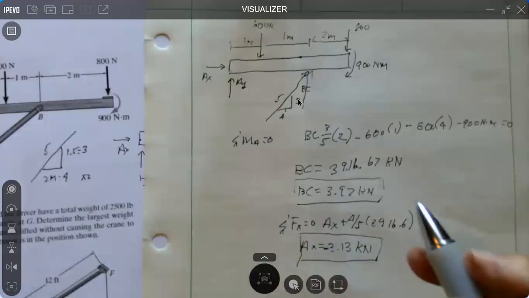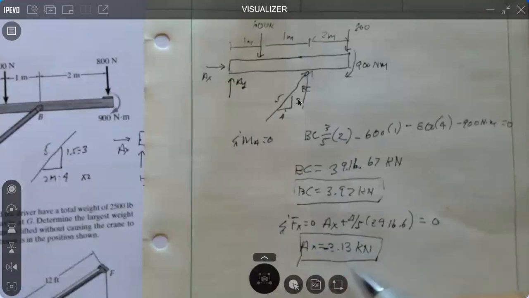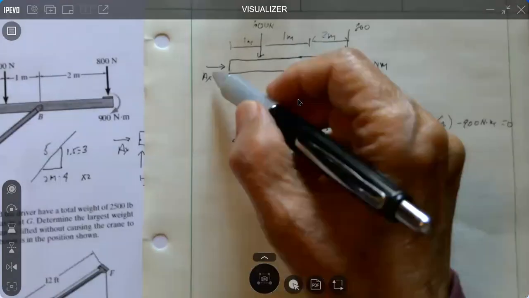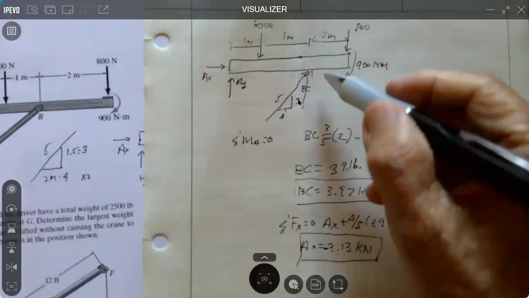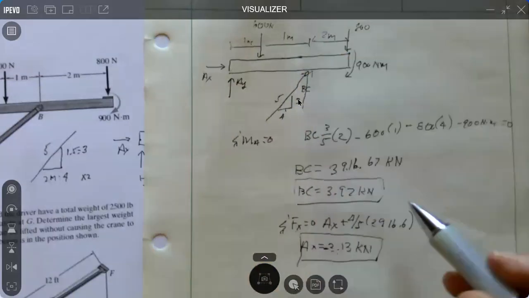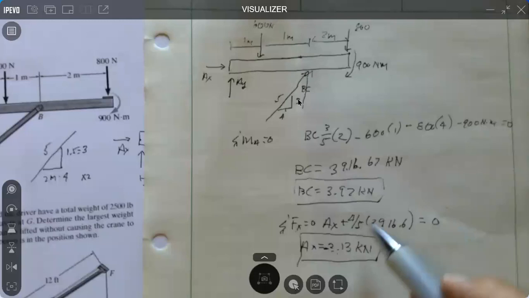I want to show you something with that. That's a negative 3.13. With the way I've drawn it, this is positive, and this is positive also. So this actually comes out to be negative 3.13. So A sub x is minus 3.13 kilonewtons.